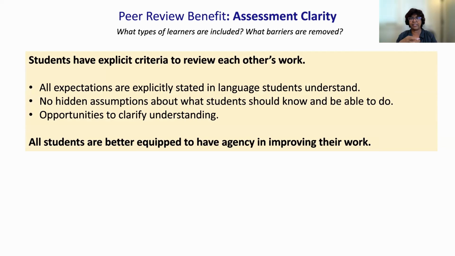So if there is any kind of a difference by students coming in from different backgrounds and disciplines, all of that is leveled out because we're making everything explicit. There are no hidden assumptions. We're telling them very explicitly again, and with opportunities to clarify understanding. When this happens, then students are better equipped to have more agency in improving their work.